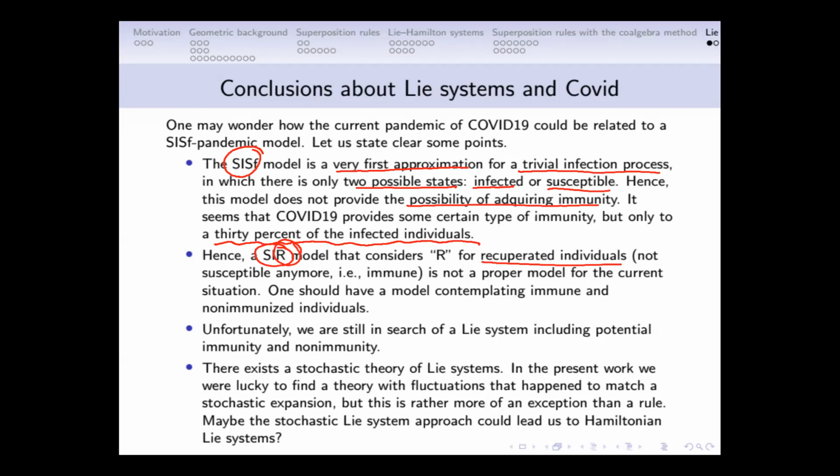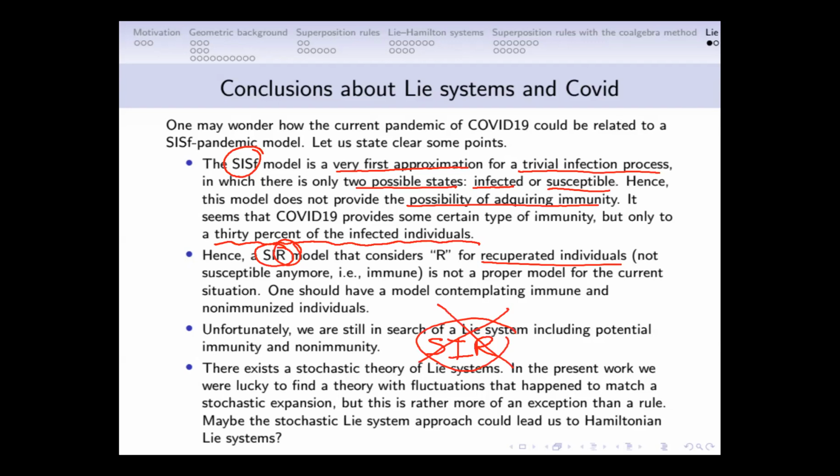But it's not a proper model for the current situation either, because some are not immunized individuals. Apart from that, if you try to use the Lie system theory in the SIR model, it's not a Lie system, so it's ruled out.